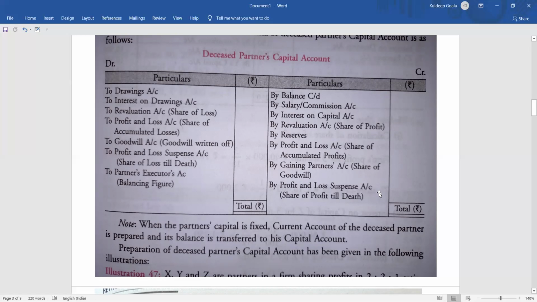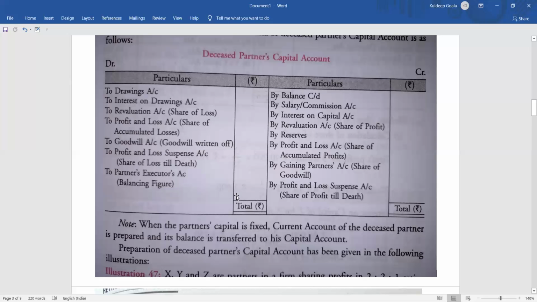Then coming to the debit side, we have drawings, which are to be debited from the capital: to drawings, to interest on drawings, to revaluation loss, to profit and loss accumulated loss, to goodwill written off, to profit and loss share of loss. Ultimately after balancing the debit and credit sides, whatever amount is there will be transferred to the partner's executor account, where it will be settled either by cash or by transferring to the loan account.